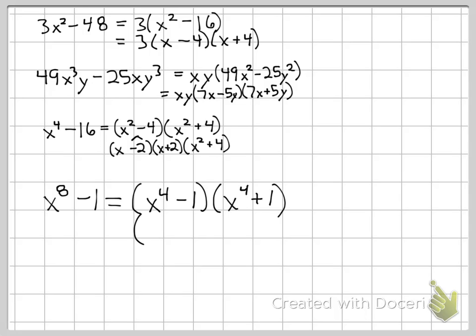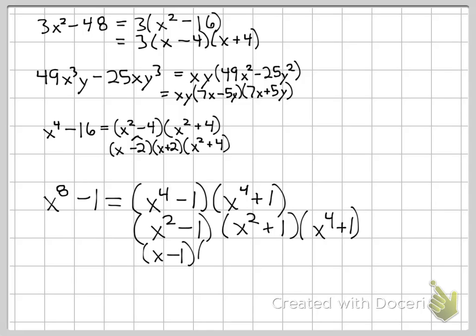All right. So, x to the 4th minus 1 becomes what? Good. Plus 1. Good. And then our tag along. Are we finished? No, we keep going. First term, right? Factors more?